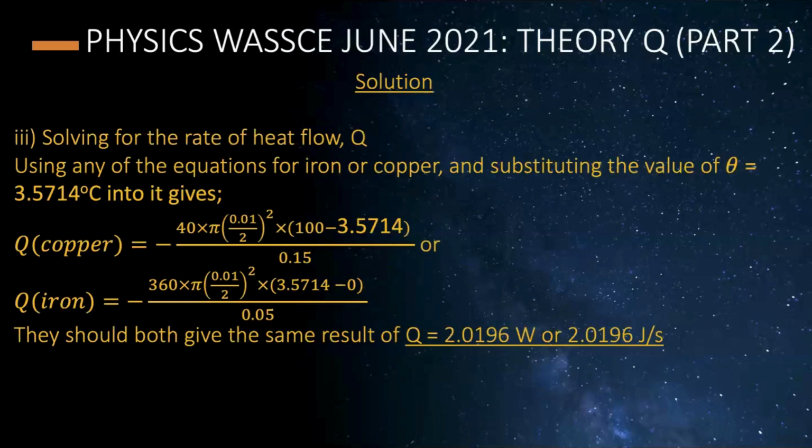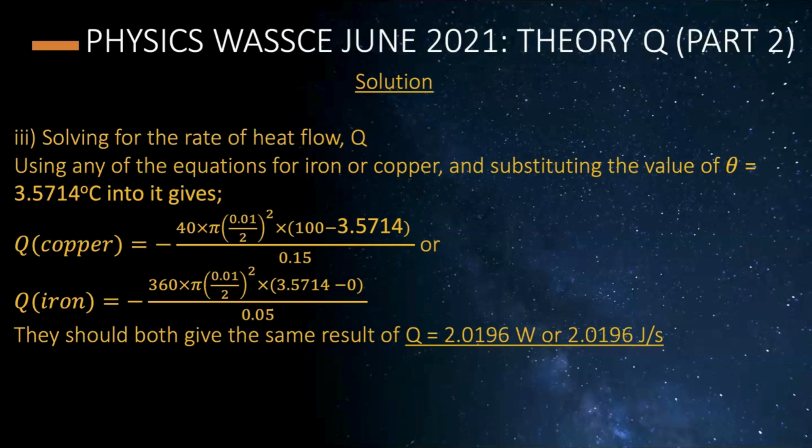Let's quickly finish up this question. That question is asking for the rate of heat flow. What is Q? Remember, we just solved for theta. So now that we have theta, we can solve for Q, because that's the only unknown we have all the while.